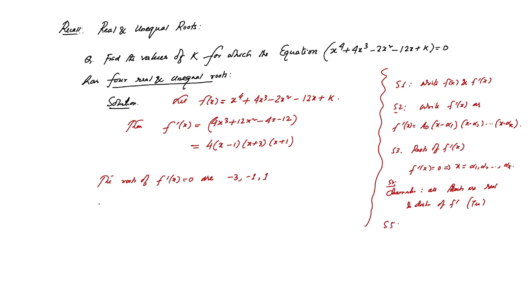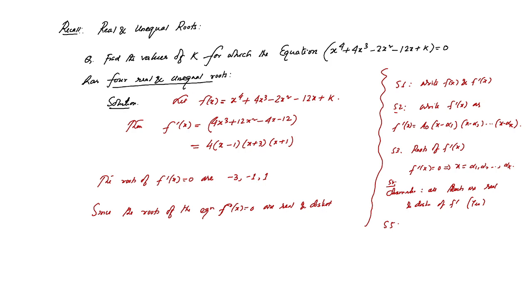Now since the roots of the equation f dash x equals 0 are real and distinct, this is exactly given.